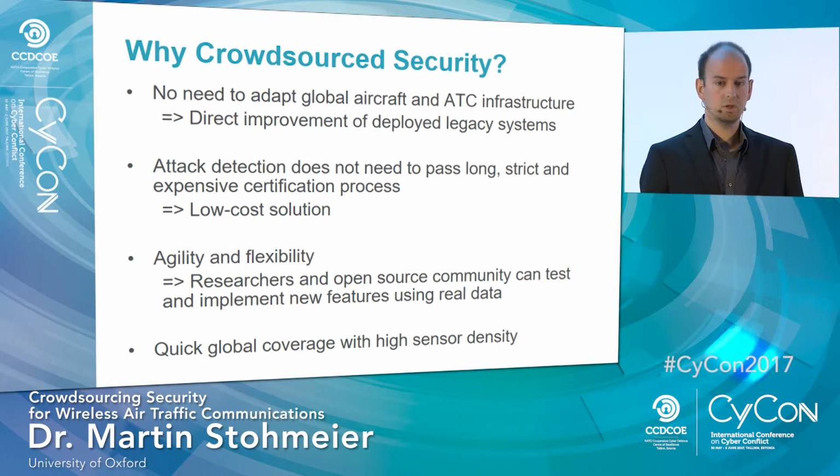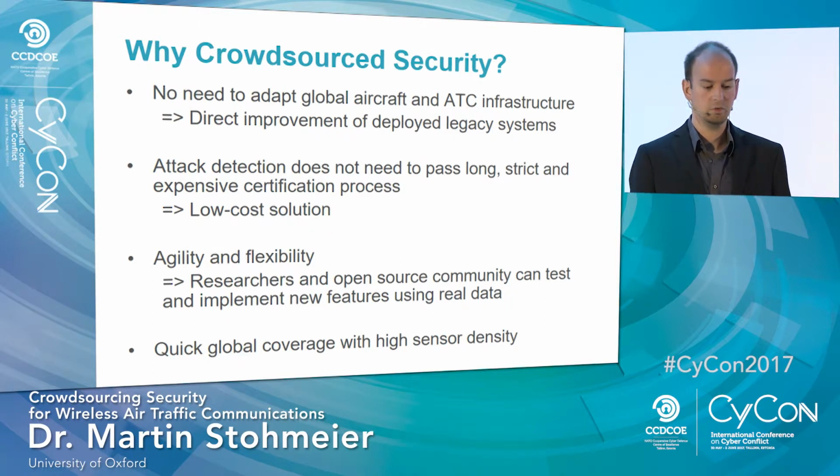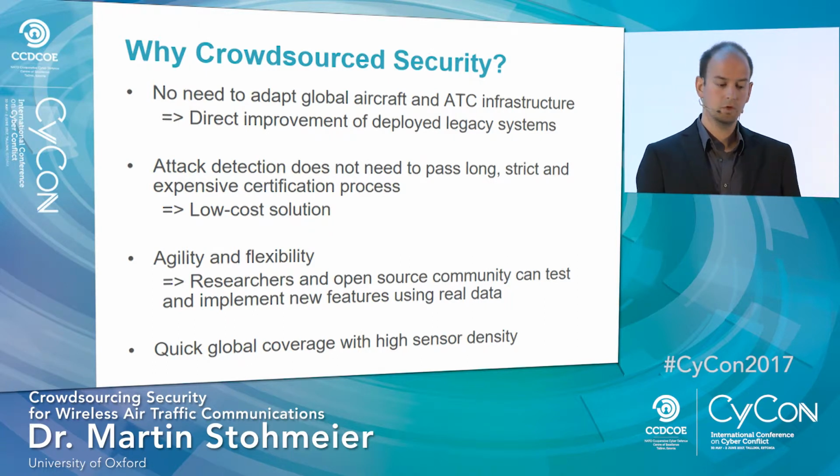Another advantage, it provides us lots of agility and flexibility. There's a large open source crowd involved in this aircraft tracking. And people for OpenSky are also working on open source software. They can test their approaches with real data and test and deploy a lot of new approaches very fast. And last but not least, you can achieve very quick global coverage with high sensor density. There are tens of thousands of sensors supplying the large commercial trackers at the moment.